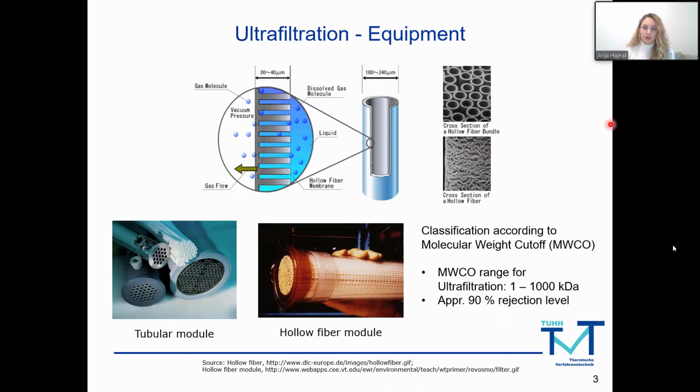In this way, with a thin porous layer supported by a stiffer layer with larger porosity, we can minimize the pressure drop and still have quite large separation efficiency. The molecular weight cutoff for ultrafiltration is usually 1 to 1,000 kilodalton, and we normally have around 90% rejection level.